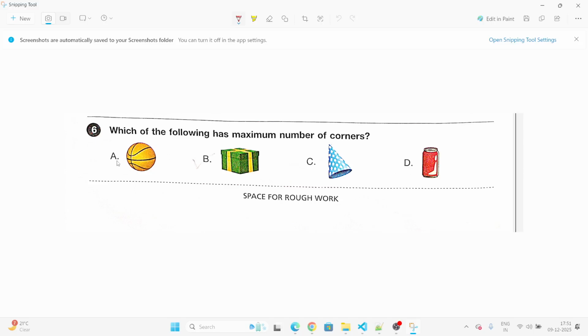In the first option, this ball is a sphere, and a sphere has 0 corners. This is similar to a cube. A cube has 6 corners. This one has 1. So the maximum number of corners is in option B. It's simple only.